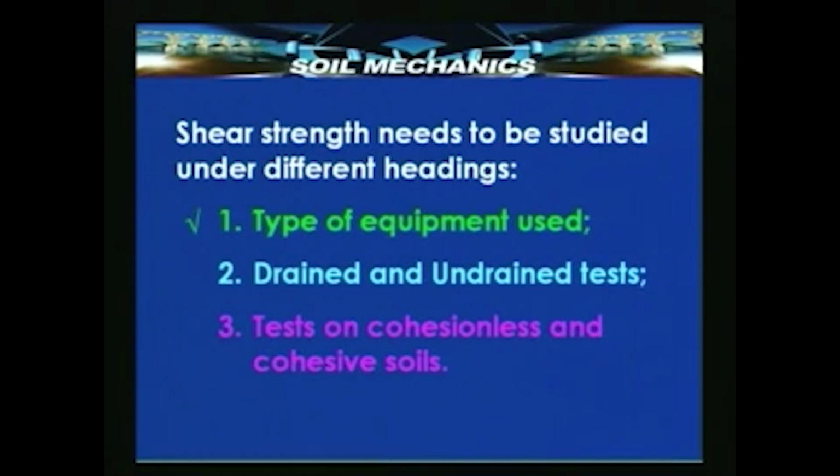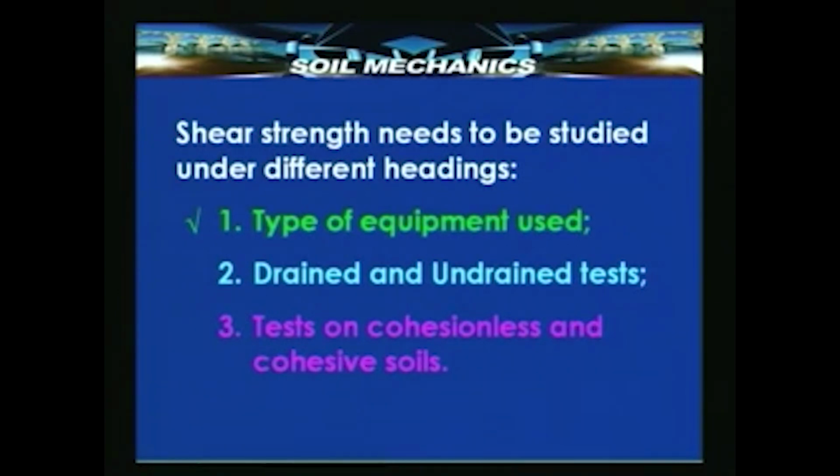Secondly, the drainage conditions used in the test influence very much the behavior of the soils under shear. And lastly, we need to study the shear strength according to the type of soil, because behavior of cohesionless soils is quite different from behavior of cohesive soils under shear.